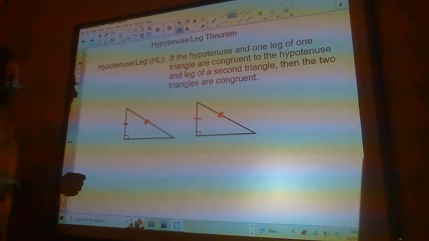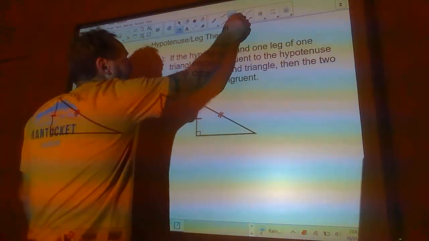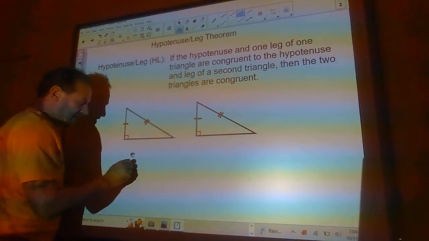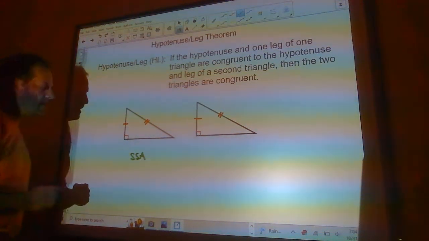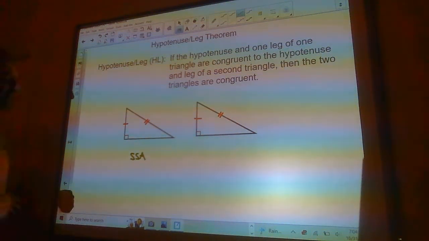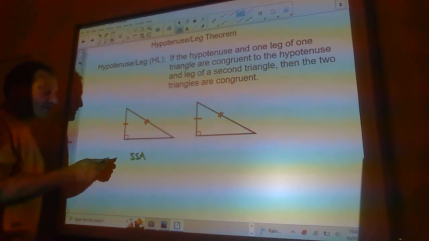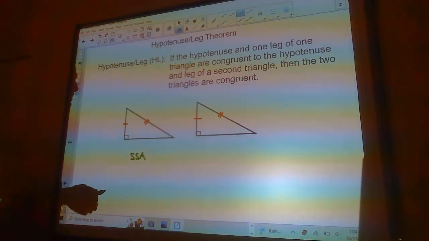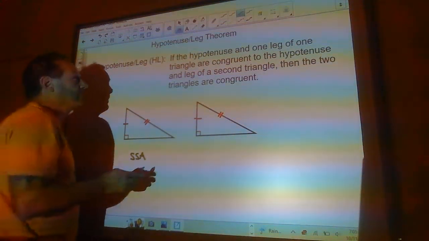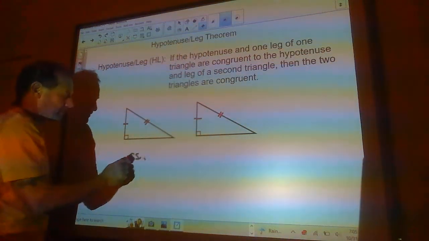Sometimes people look at this and want to call it the side-side angle theorem. Here's the thing: we don't call it side-side angle. It always works in a right triangle, but it sometimes works if it's not a right triangle. When does it work?